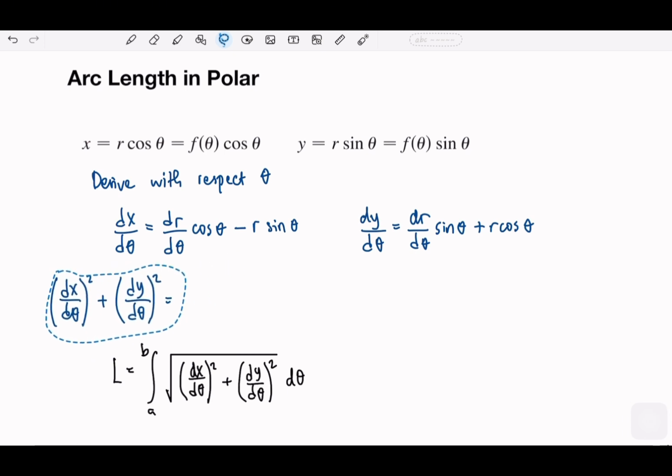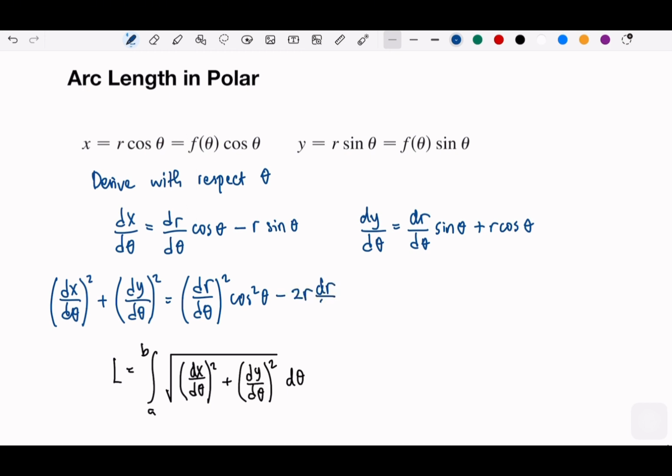So let's just write it all out. So this will be dr d theta squared cosine squared theta minus 2r dr d theta cosine theta sine theta plus r squared sine squared theta. This is only for the x, right? This one.